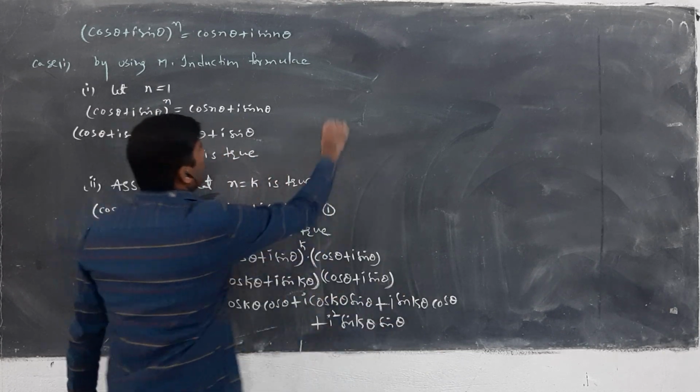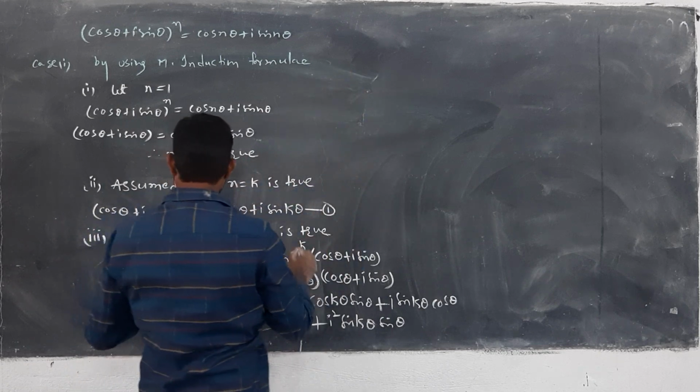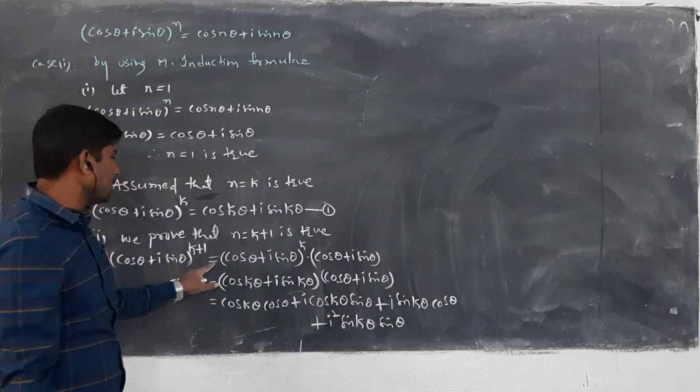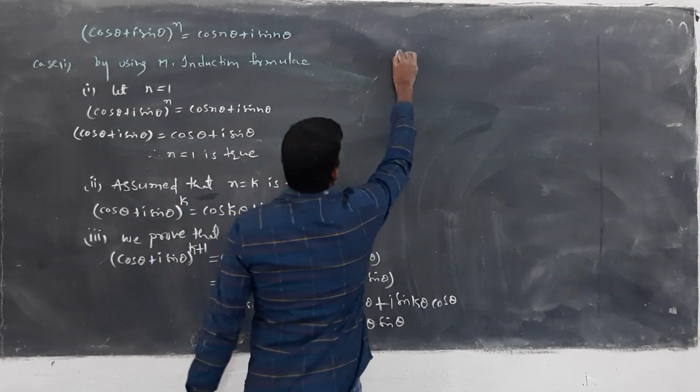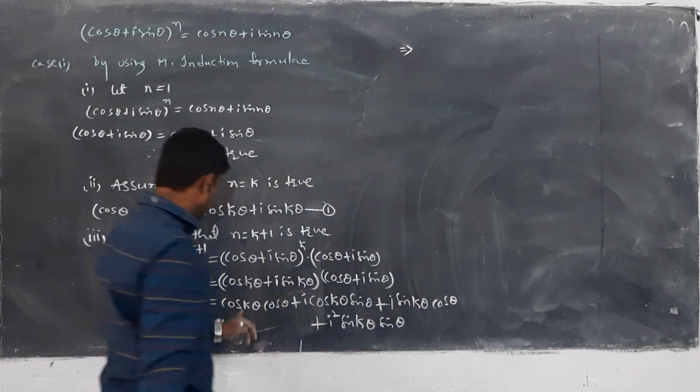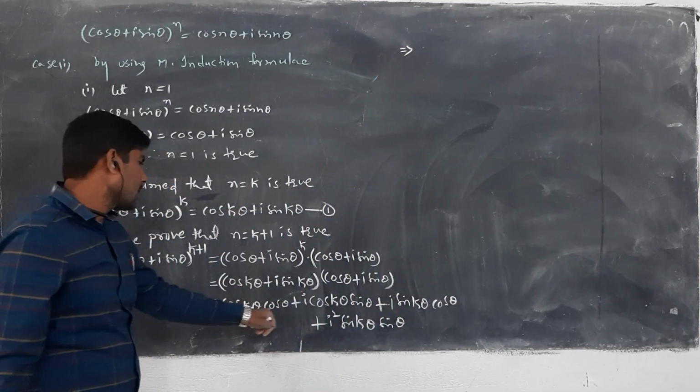Now cos theta plus i sin theta whole power of k plus 1 is equal to cos k theta cos theta.